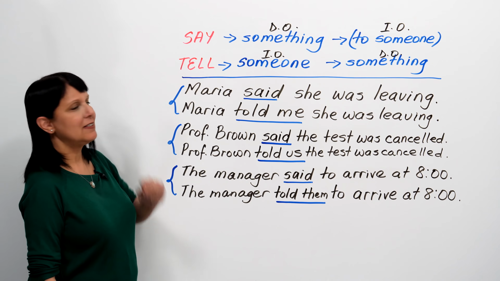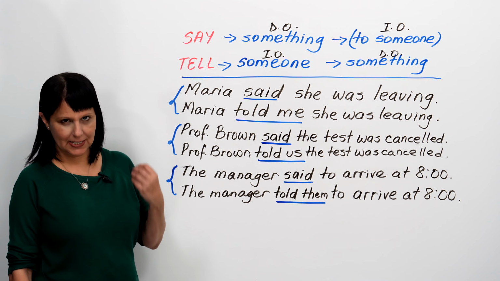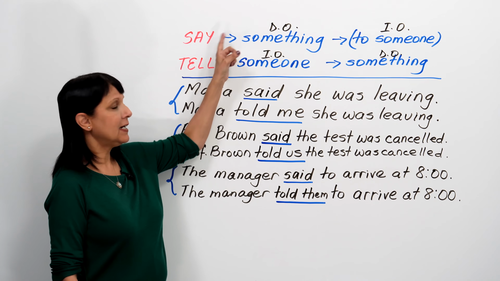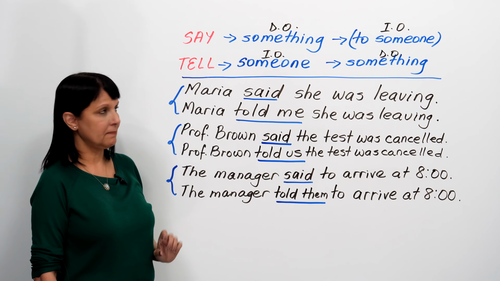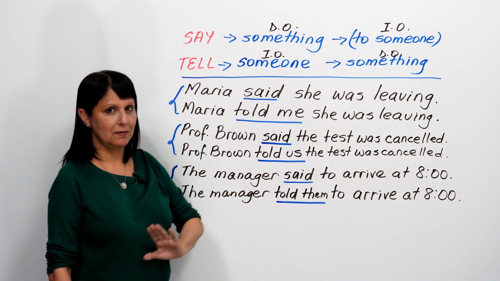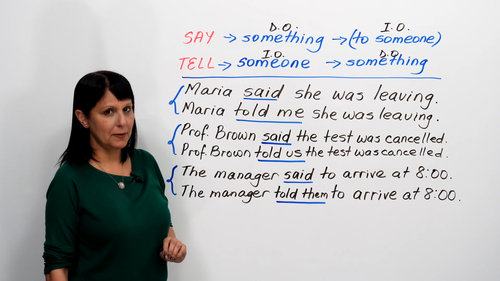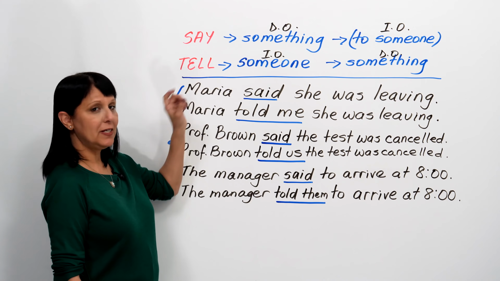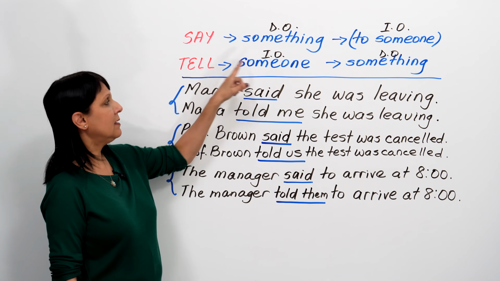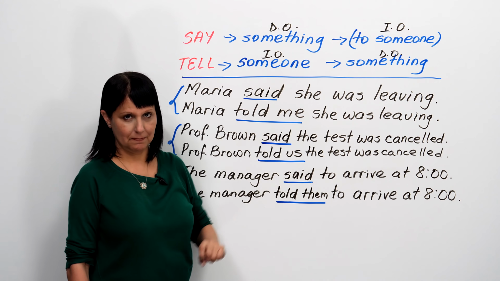All right. So when we use the word say, we should follow it with say something. Okay? Sometimes to someone. But for now, let's not worry about that. When we use the word tell, we should follow it with tell someone something.